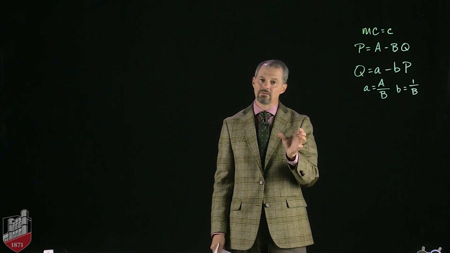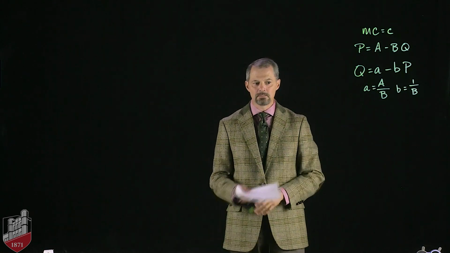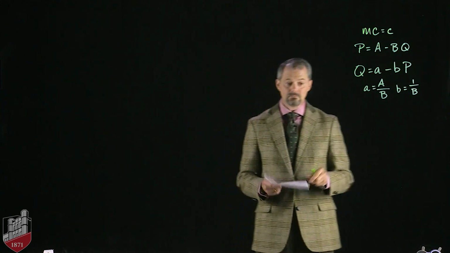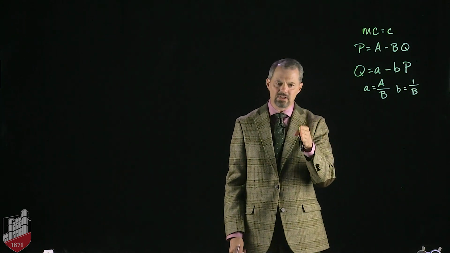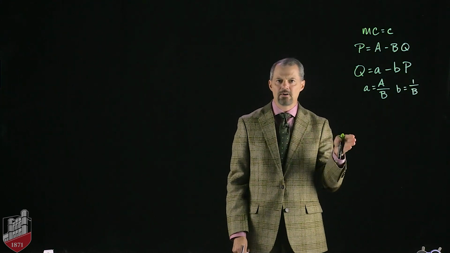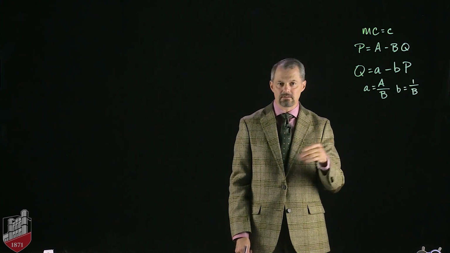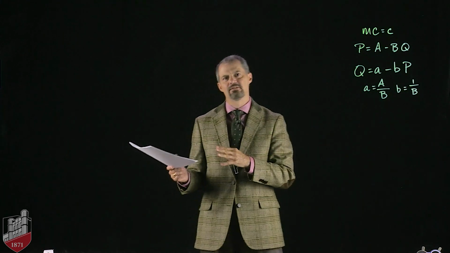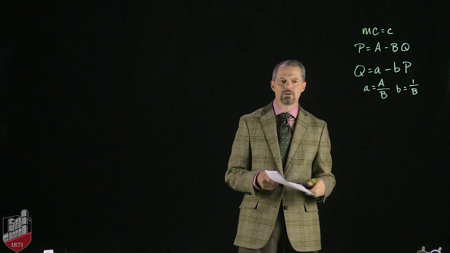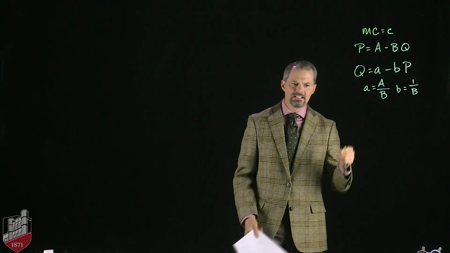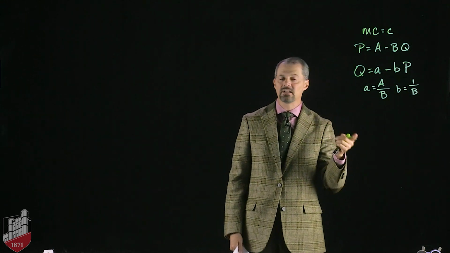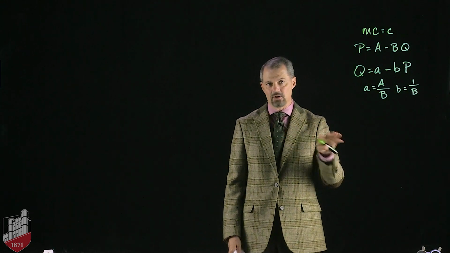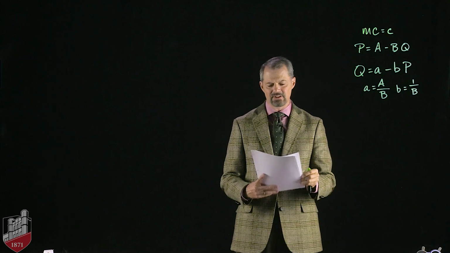Firm 2, the firm with the higher price, will sell nothing. If they have equal prices, if P1 and P2 are equal, then the firms are going to split the market. Okay, so half the consumers buy from firm 1, half the consumers buy from firm 2. And then finally, if firm 2 has a lower price than firm 1, then firm 2 is going to sell to all the customers and firm 1 sells nothing.